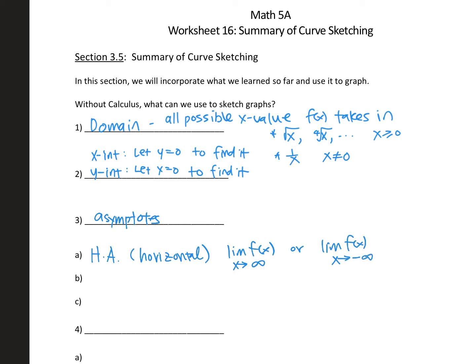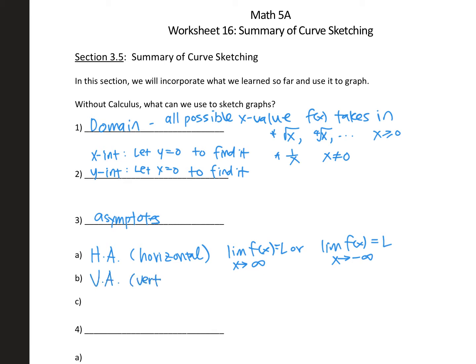If you get a particular number, then that's where we have a horizontal asymptote. Sometimes the limit doesn't exist, then we don't have a horizontal asymptote. If the limit exists, then whatever the number is will be our horizontal asymptote.